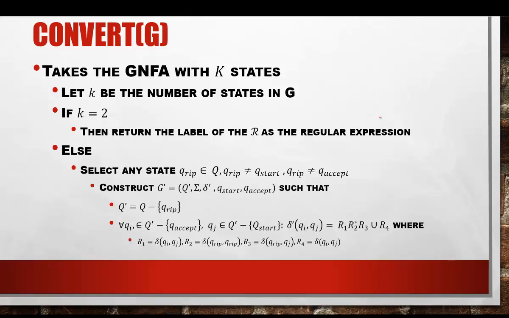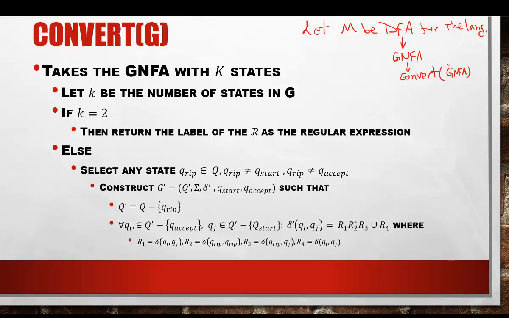To do that, we let M be the DFA for the language. Then we said that we can take this DFA and make it into a GNFA. And now from this GNFA, we process recursively by calling a convert method over this GNFA.